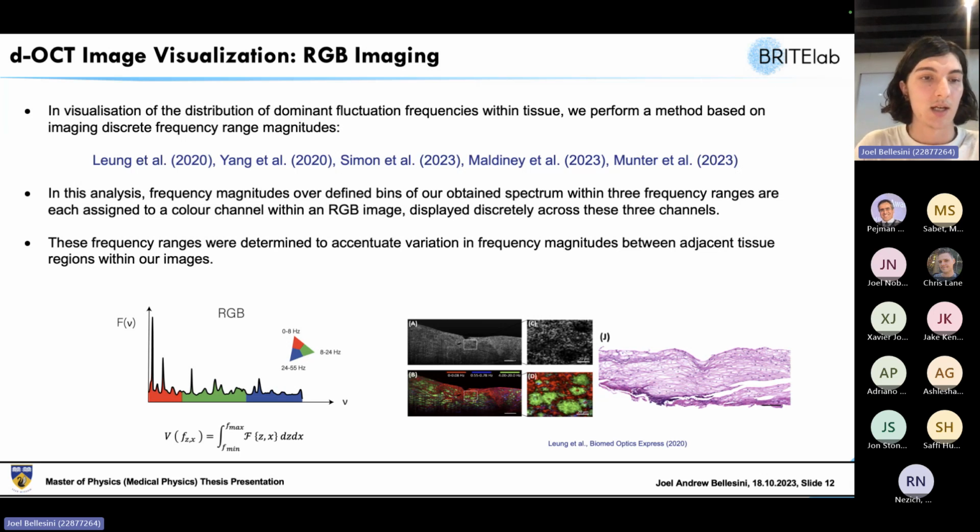So essentially, our frequency spectrum is integrated in a low frequency bin corresponding to our red channel, medium frequency bin corresponding to our green channel, and then high frequency bin corresponding to our blue channel. And these are then imaged discretely in an RGB image. And these frequency ranges are somewhat arbitrarily chosen in order to accentuate variation in our frequency magnitudes between adjacent tissues.